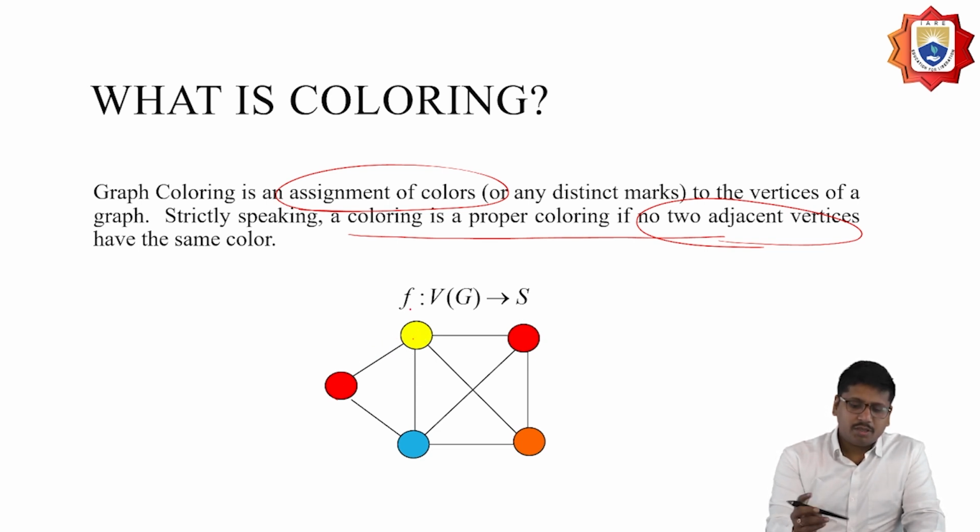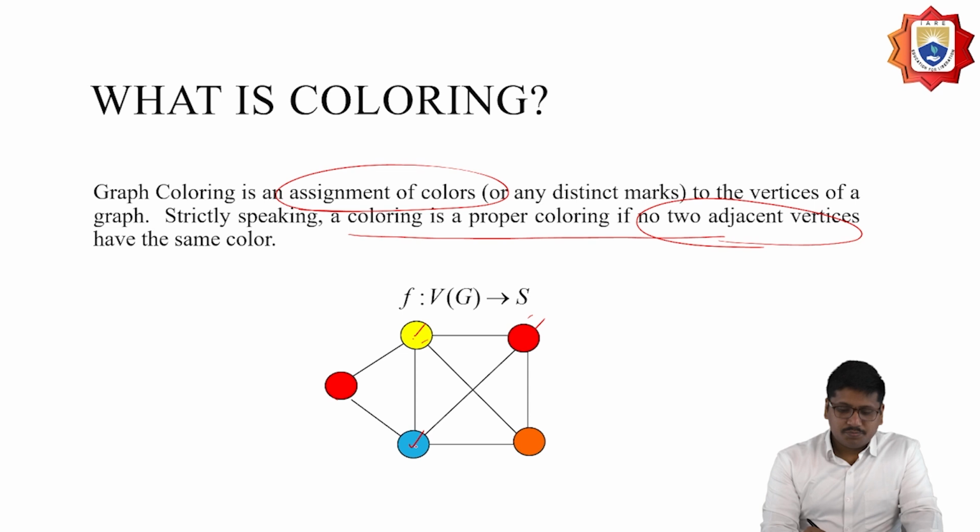So I make another color here, so that no two adjacent vertices coincide. If I consider this as the third one, I go for the blue color here, and this should be yellow, and this should be red.